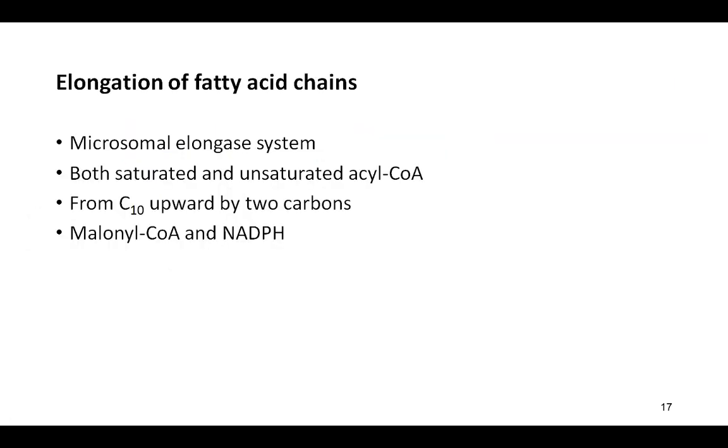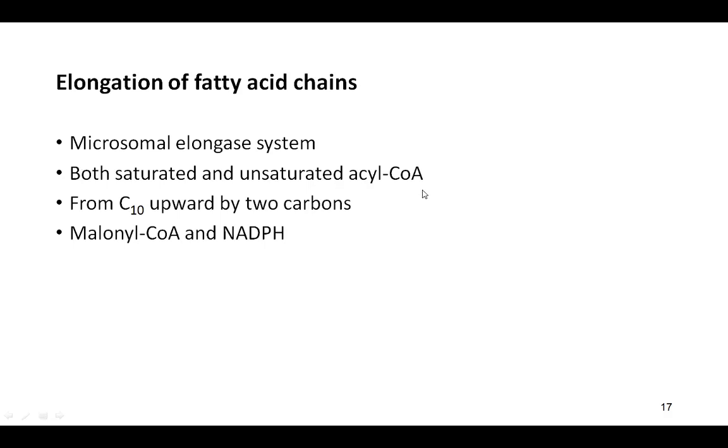Now that fatty acid can form TG, triacylglycerol, while combining with glycerol, or its chain elongation can happen. For chain elongation, a small organelle present in the cell, the microsome, is involved. So the microsomal elongase system is present, that helps in the further elongation of the fatty acid chain.